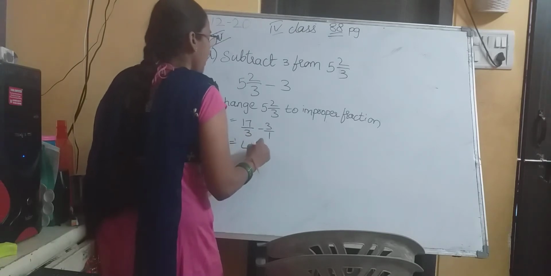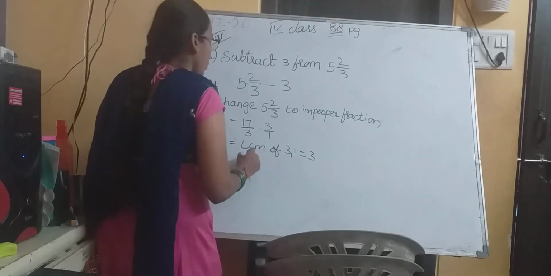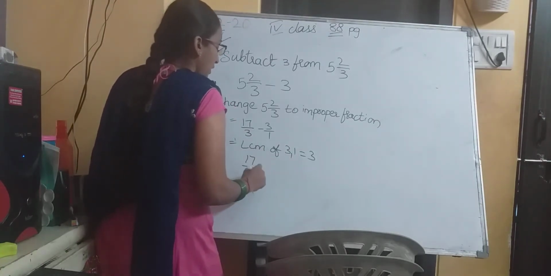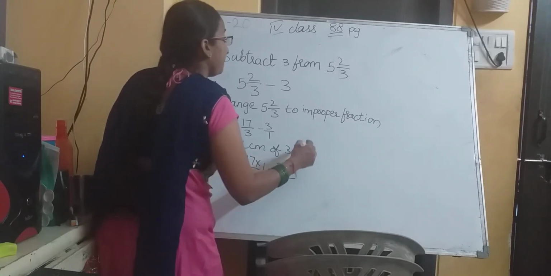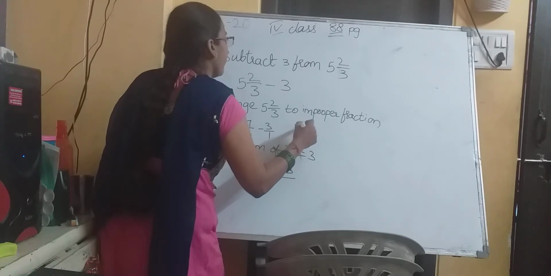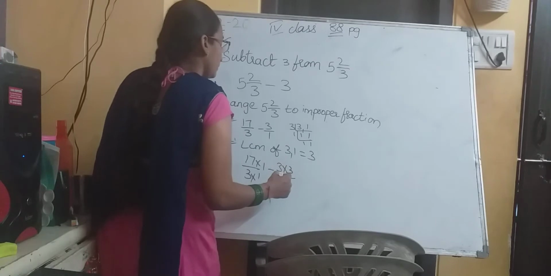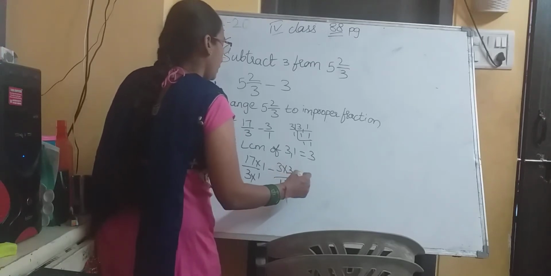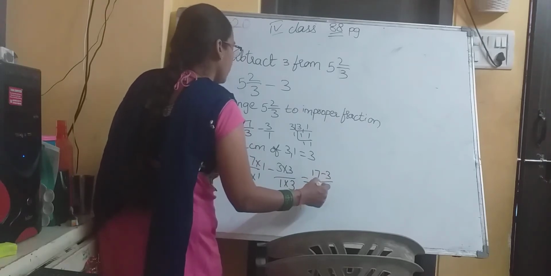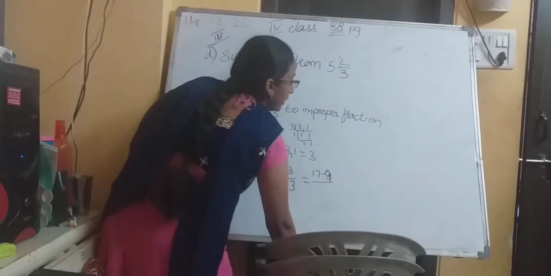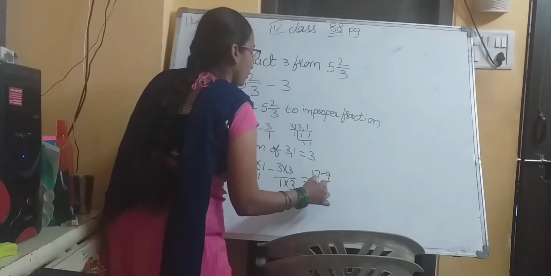LCM of 3 and 1 is equal to 3. So 17 into 1 minus 3 into 3 by 1 into 3, is equal to 17 minus 9 by 3.